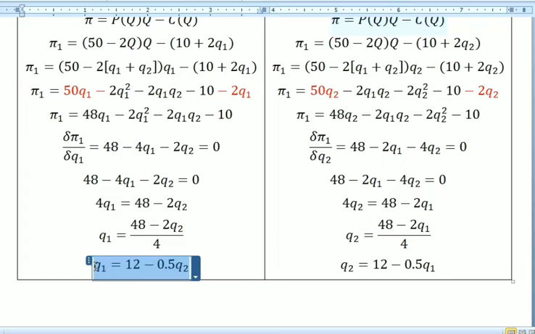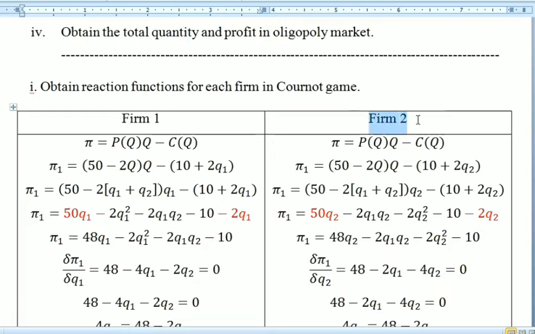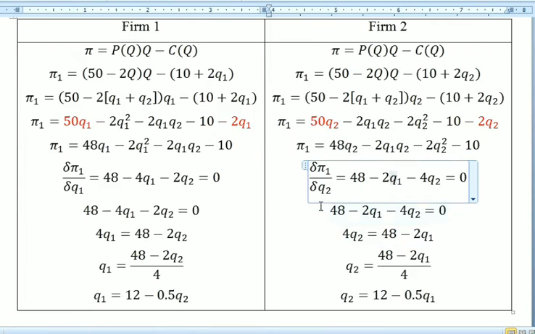Then for firm 2, we rewrite the function. We substitute capital Q outside of the bracket equal to Q2. Then 50Q2 minus 2Q2, we get 48Q2 minus 2Q1Q2 minus 2Q2 squared minus 10. Then we differentiate the profit over quantity 2.